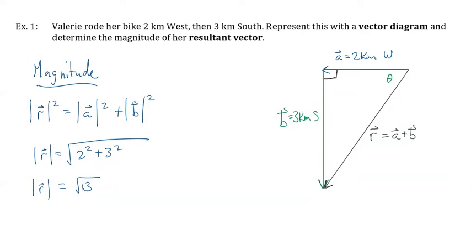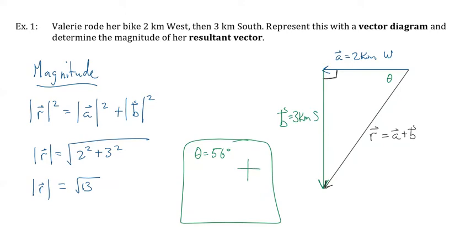It turns out theta is about 56 degrees, but that would be 34 degrees south, sorry, south 34 degrees west is what you would actually call that.